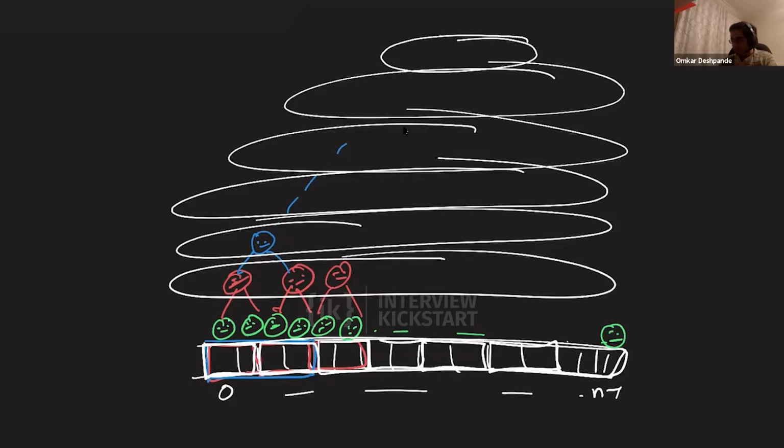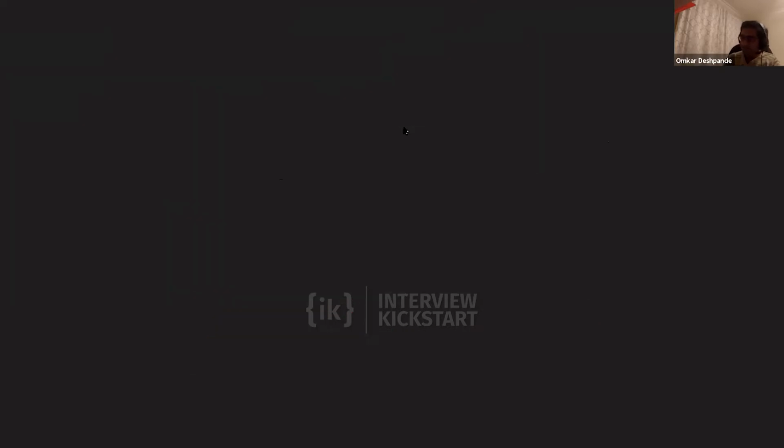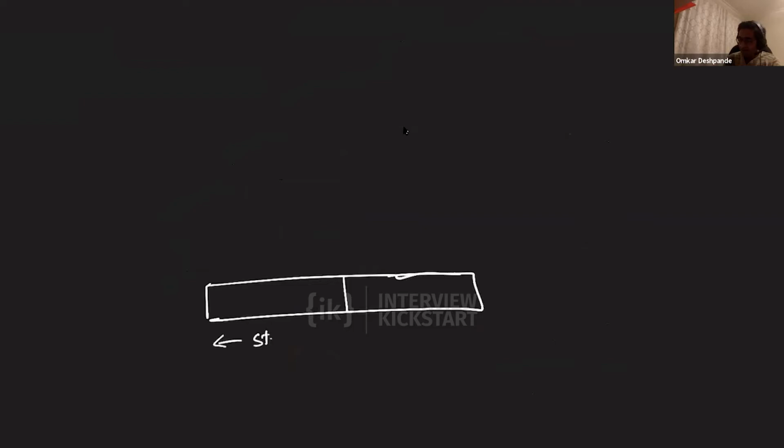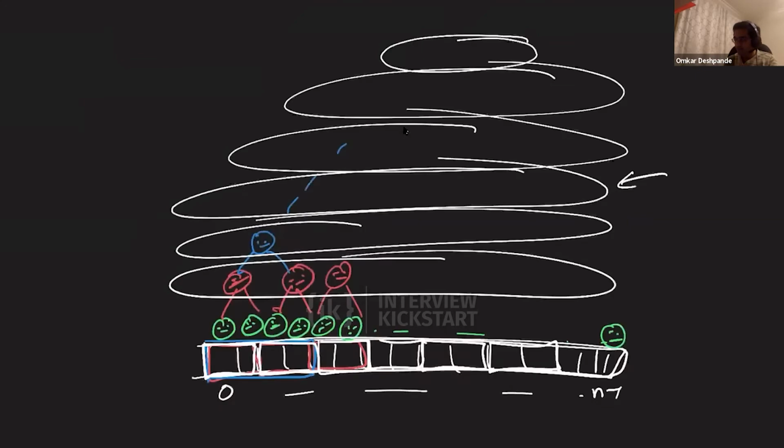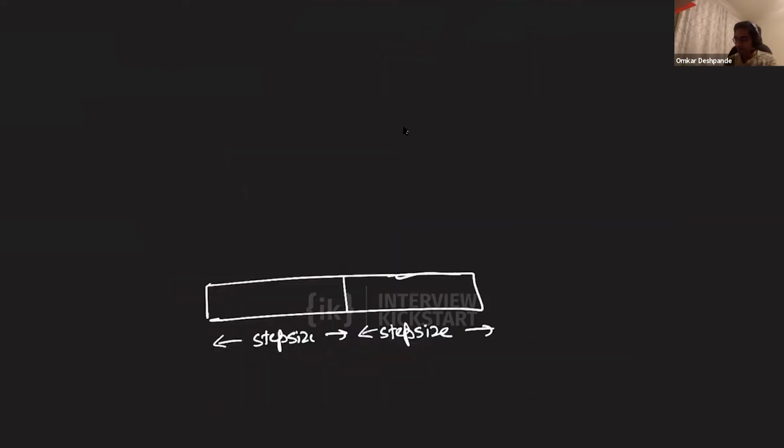So that means at an arbitrary level here, we are taking two subarrays of some size. I'm just going to call this step size, for lack of a better word. Step size starts out being 1 at the very bottom, then becomes 2, 4, and so on.